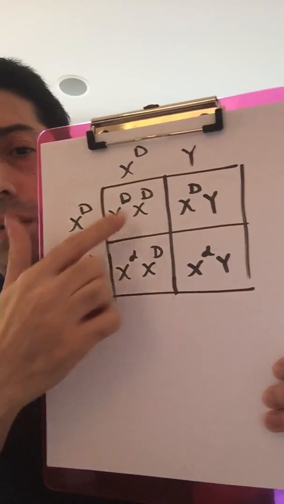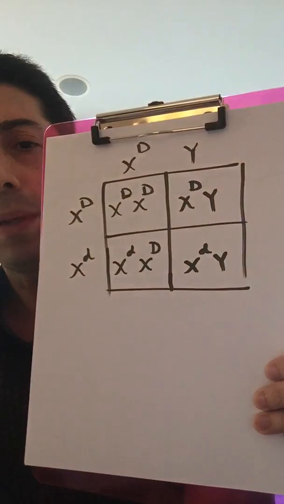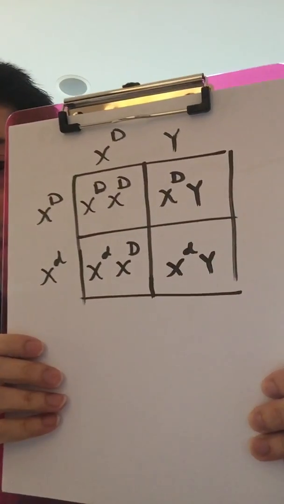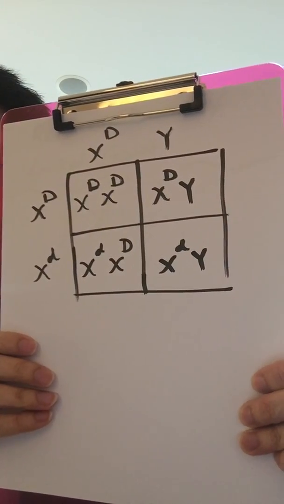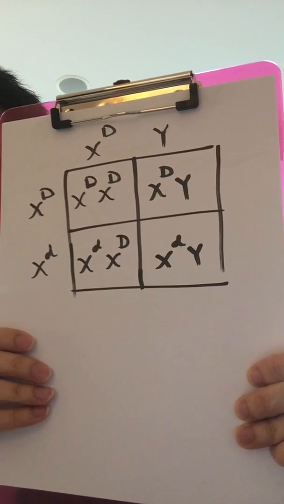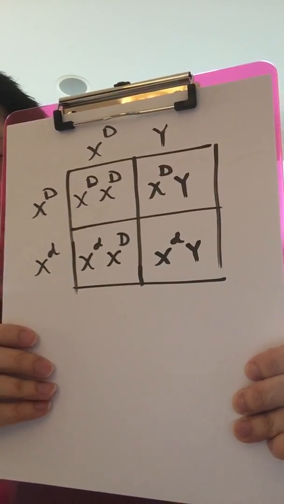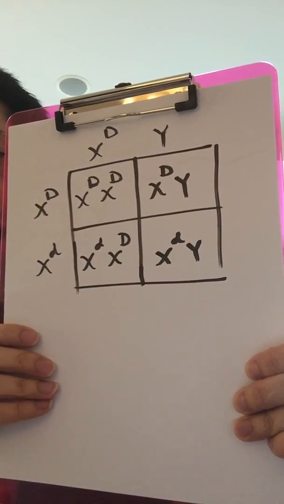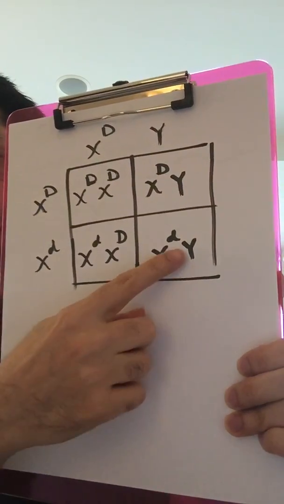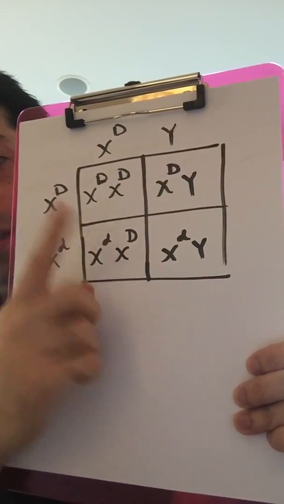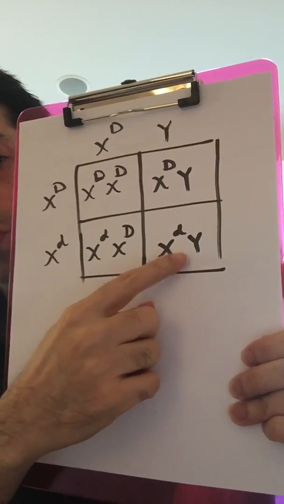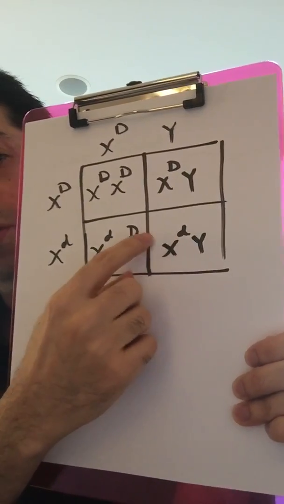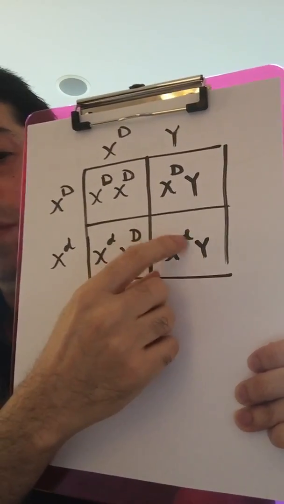So take a look. How many people have the disease? You can pause the video. Definitely some of you will say the probability is 1/2. You may say this one has it and this one has it. Mistake. This one has it, that's correct, because there is no capital D to cover the problem.